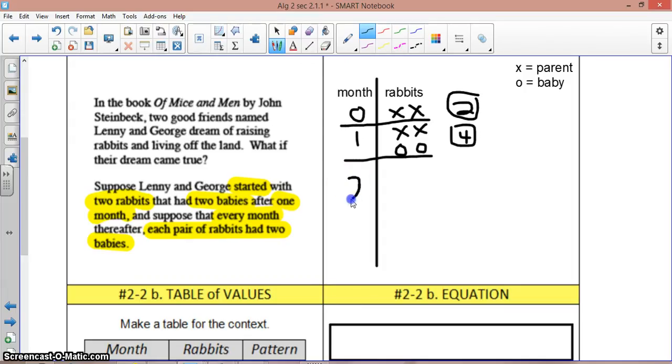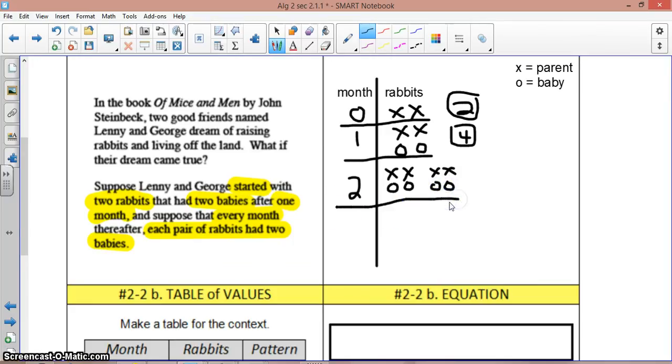So we're going to do month 2, and in month 2 those parent rabbits are still parents, and they're going to have 2 more babies underneath them. But these babies from month 1 are now parents, so I'm going to make those X's, and they're going to have 2 babies underneath them.